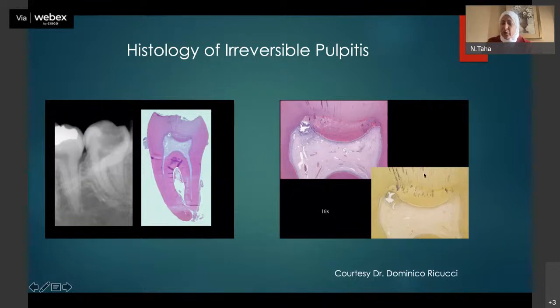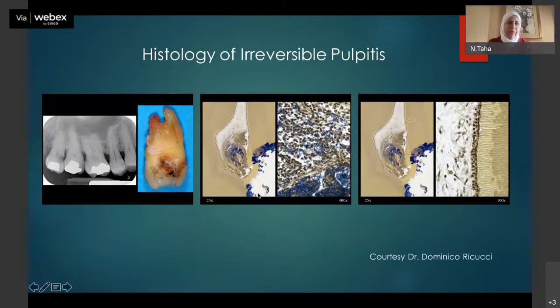So shall we compromise this pulp by complete root canal therapy, or would it be able just to remove this infected, inflamed part, place a biological material that will help bridging the defect and maintaining the vitality of the tooth? This is another example of an upper 8 with deep caries. If you look at the histology here, the entire pulp chamber is inflamed, the blue stains indicating bacterial infiltration.